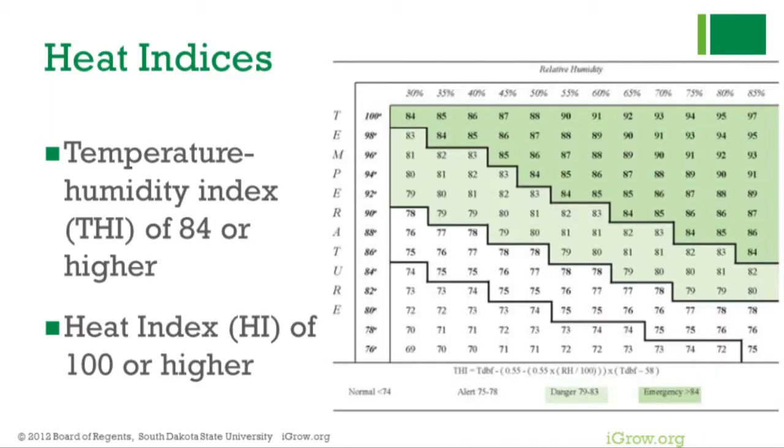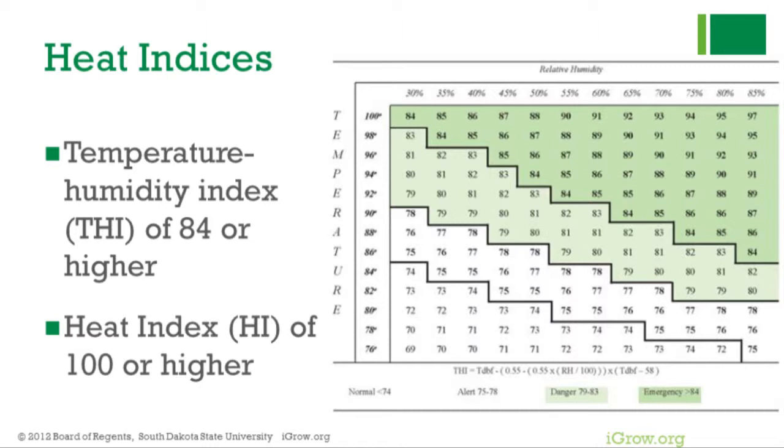There are two temperature or heat indices that we use to predict when cattle may be more stressed. The first is a temperature humidity index, or THI. When that number is 84 degrees or higher, then there is potential for increased stress on cattle.